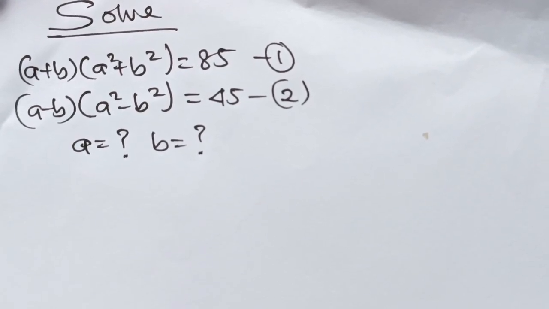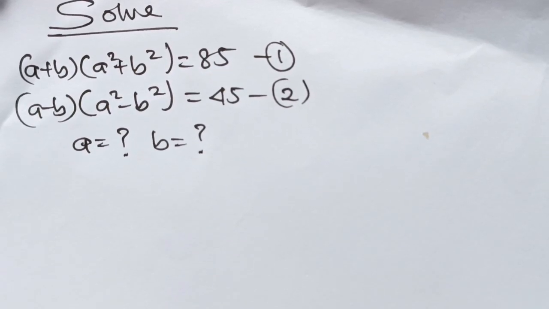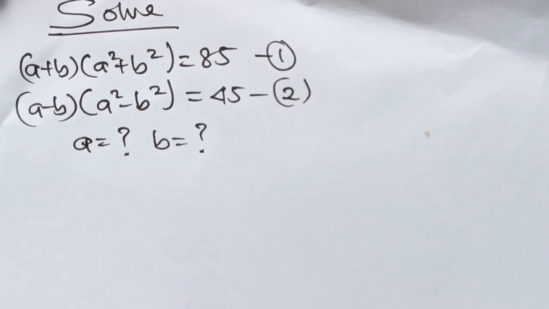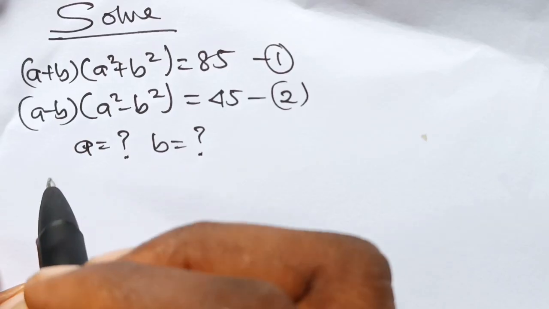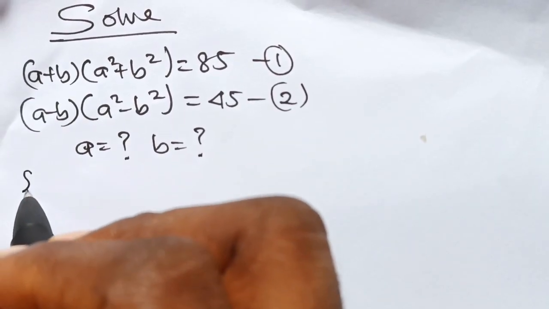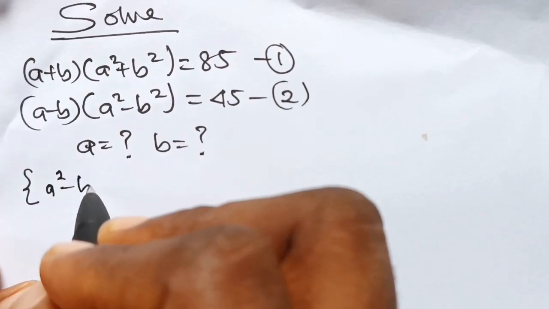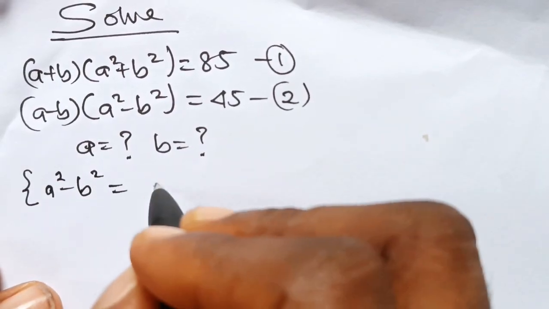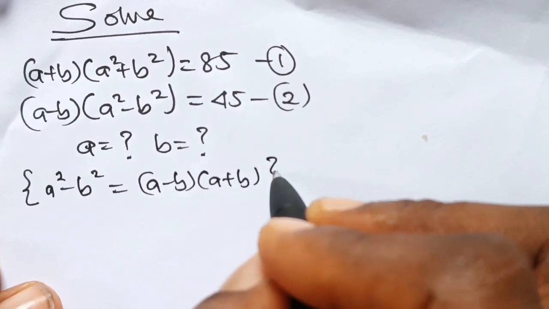Today we have a beautiful algebra question to solve, and in this question we are asked to find the values of a and b. Now the first thing we need to do is note that a squared minus b squared is equal to a minus b multiplied by a plus b.